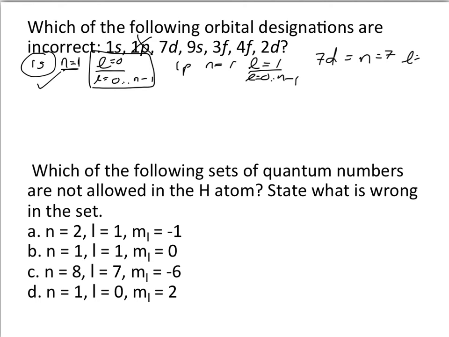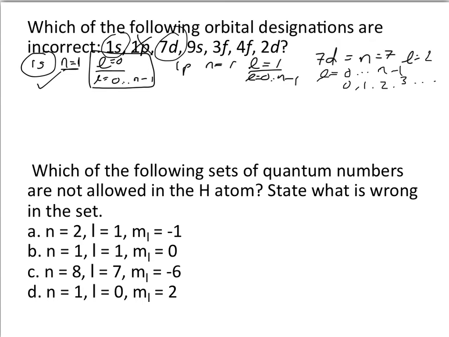In this case, L equals 2. Is 2 a possibility? Remember, our L values are equal to 0 all the way up to n minus 1, and in this case n minus 1 would be 6. So 0, 1, 2, 3, all the way up to 6. This is a possibility, so the 7d is an acceptable designation.